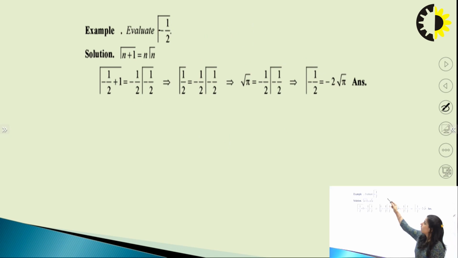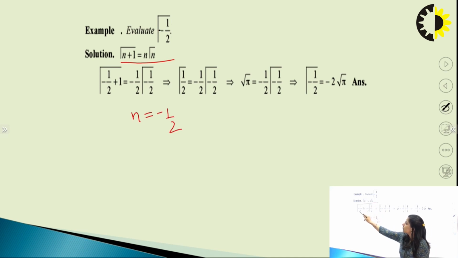Now to evaluate gamma of negative 1/2, to find gamma of negative values, we will use this property, gamma(n+1) = n gamma(n). Now we will put here n = -1/2. So this will be gamma(-1/2 + 1) = -1/2 gamma(-1/2).